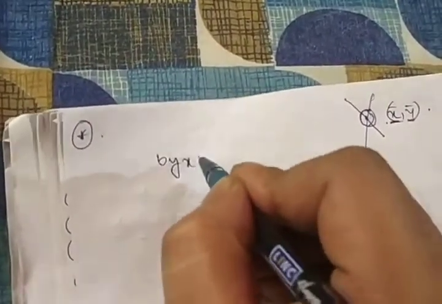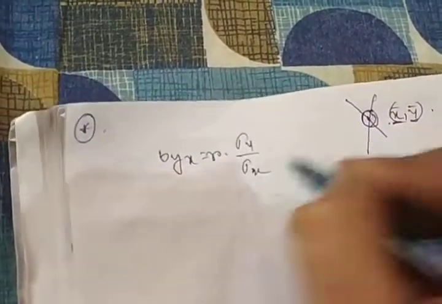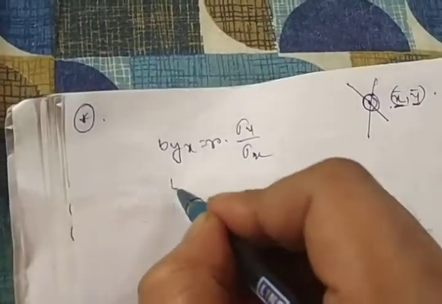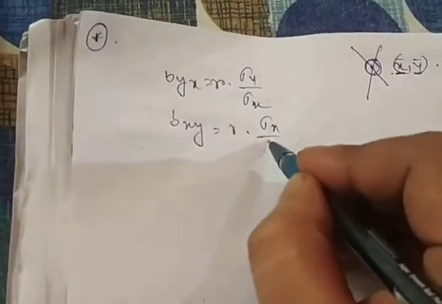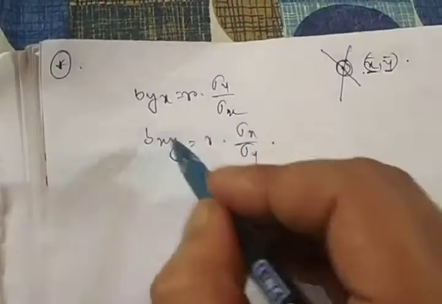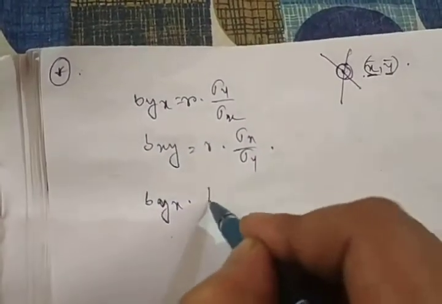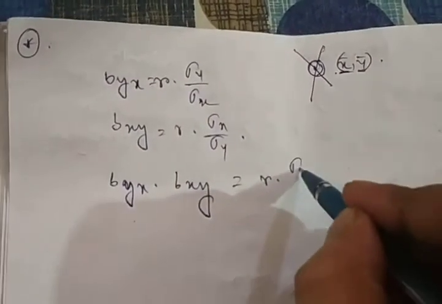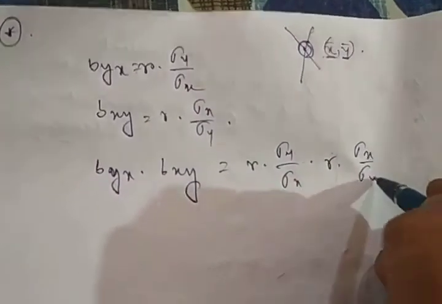Next, as you can see, byx equals to r into sigma y by sigma x, and bxy equals to r into sigma x by sigma y. These are the formulas. If you multiply these two, that is byx into bxy, we get sigma y by sigma x into r into sigma x by sigma y.